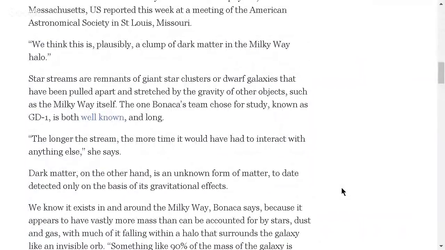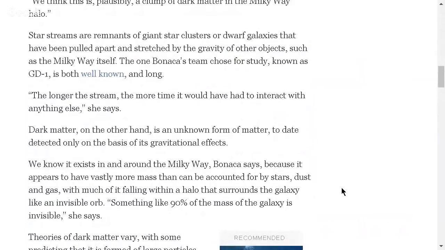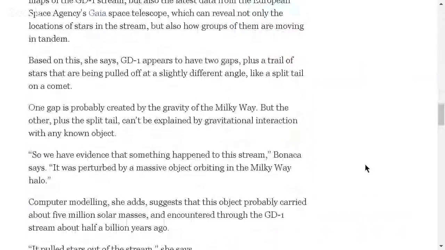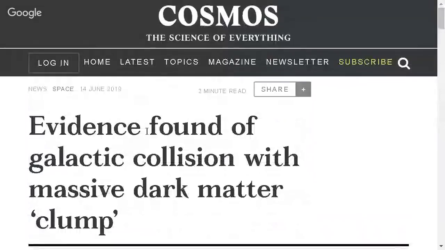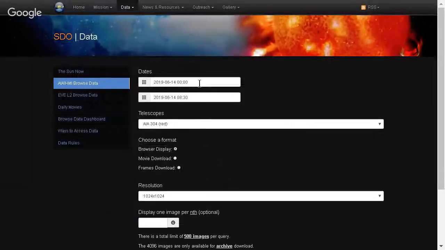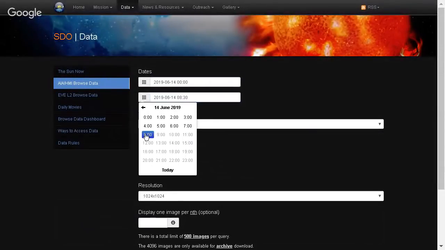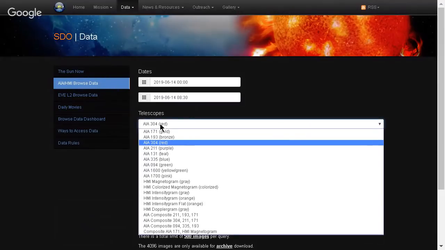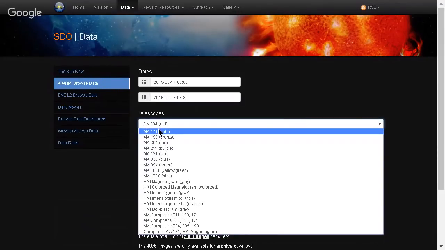There's a stream of stars pulled and/or pushed out of the galaxy. And so anyway, just read the article. It's not going to really teach you anything, but it does illustrate the misunderstanding of how these objects operate.